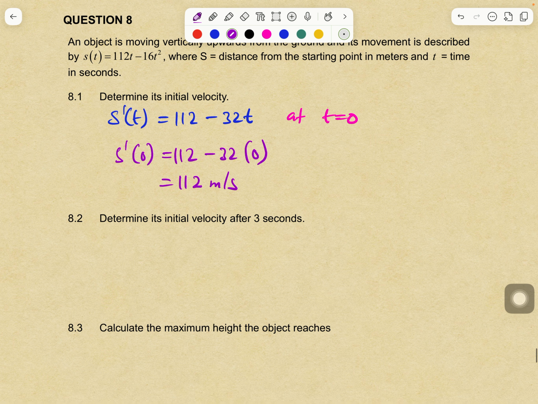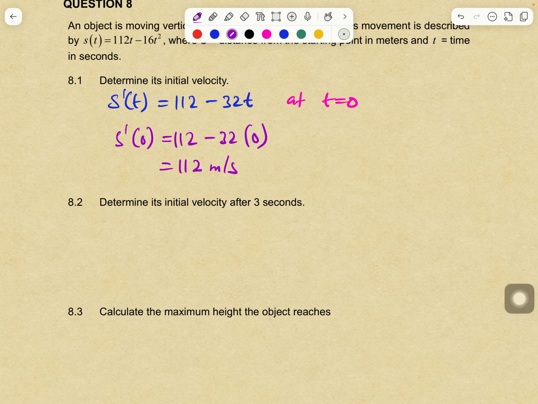It's a velocity. Okay. Now, they say determine its velocity after 3 seconds. That is the velocity equation. You then say to yourself, that s prime of t, we had 112 minus 32t, but t now is 3 seconds.